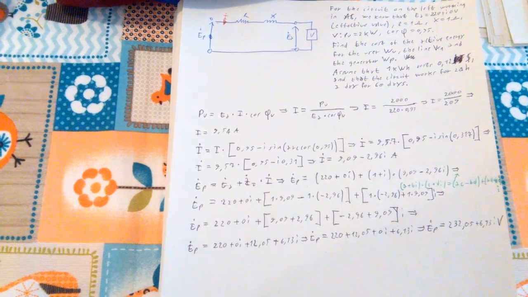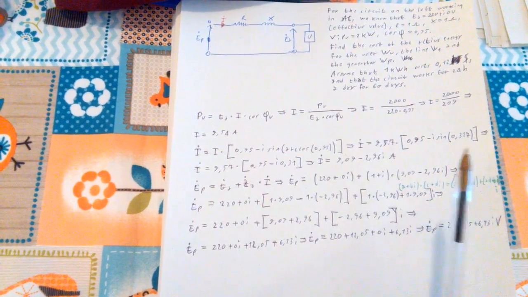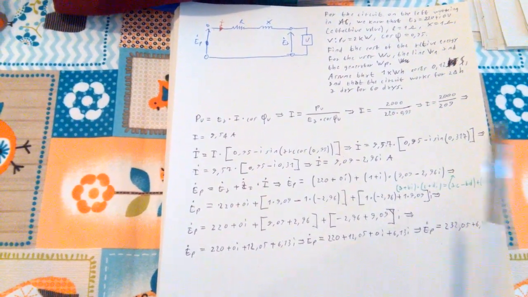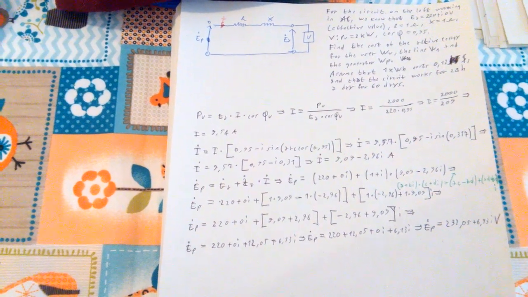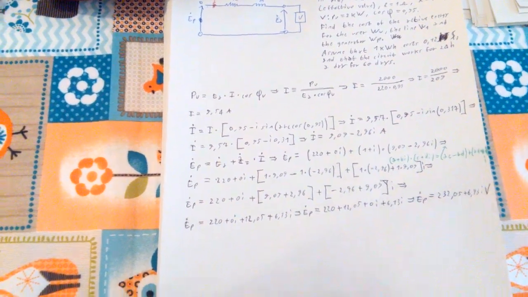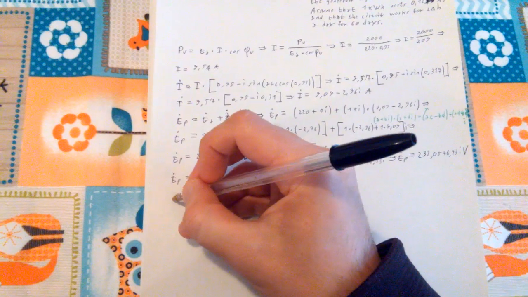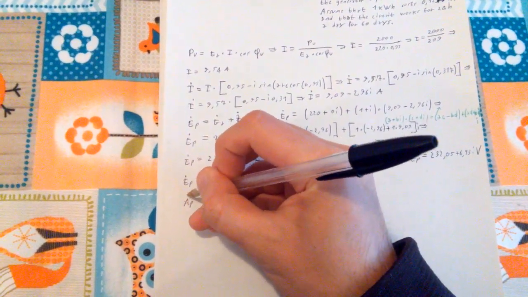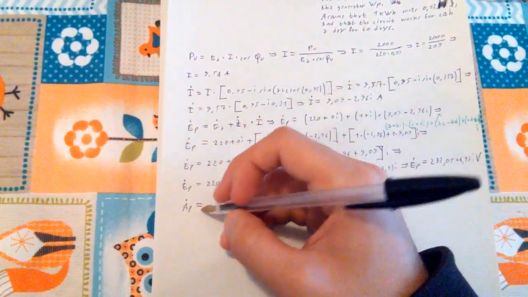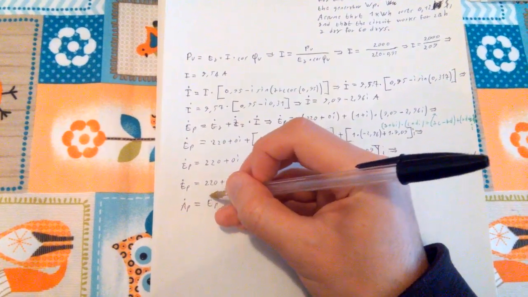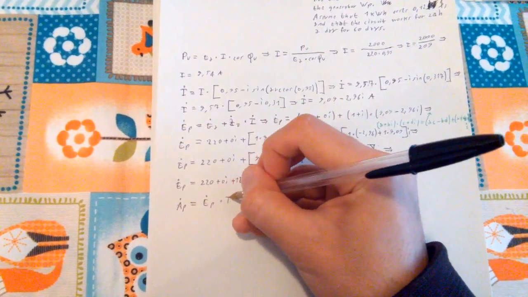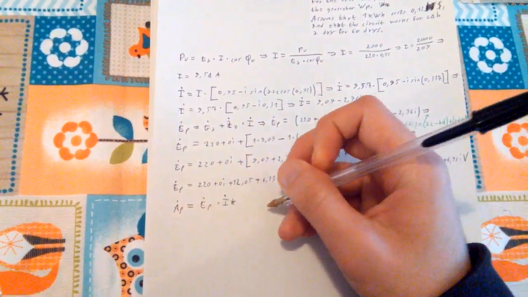Now I'm gonna find the complex operant power, the starting complex operant power. So the starting complex operant power, which I'm gonna call AP complex, will be EP times I conjugate.